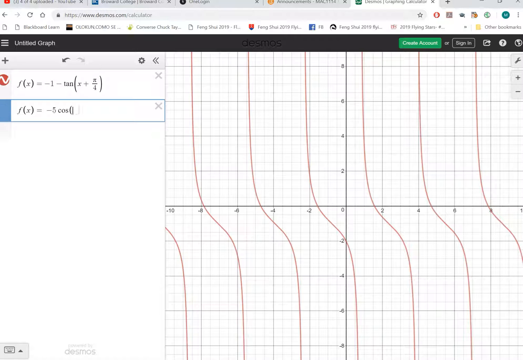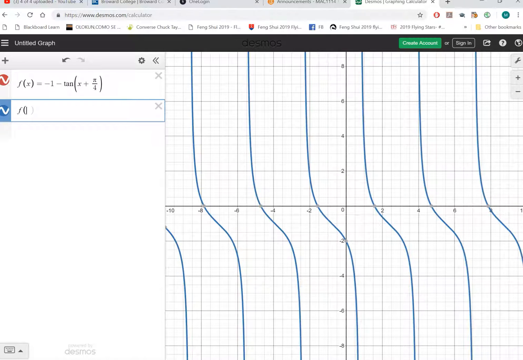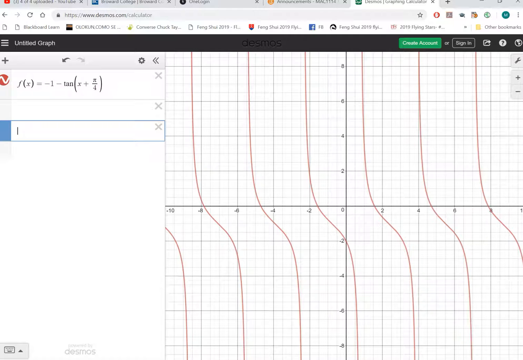Alright, so I'm looking at this one, and if I'm graphing this function, that's what that looks like. Remember, it's negative and it's also shifted down. So instead of going through the traditional 0, 0 mark, so if I had negative, so if f of x is equal to negative tan, and let's go with the x plus pi over 4. So that's how I do.